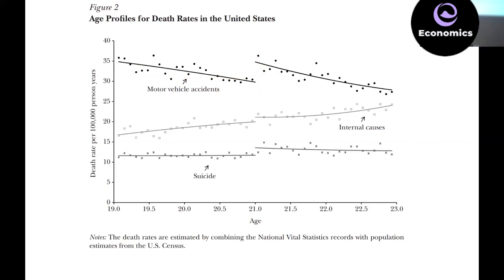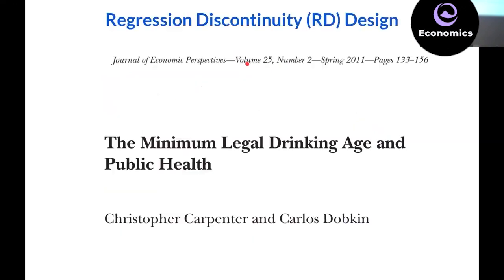And there's a higher likelihood they drive under the influence of alcohol and get into a motor vehicle accident. So here I answer the question: does minimum legal drinking age matter? In terms of whether there is a causal relationship between minimum legal drinking age and people dying from motor vehicle accidents.